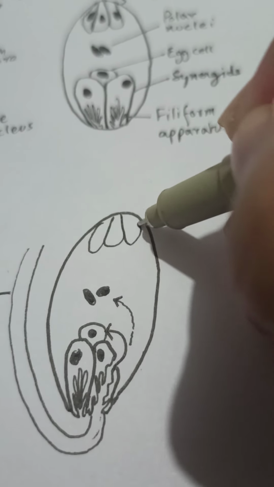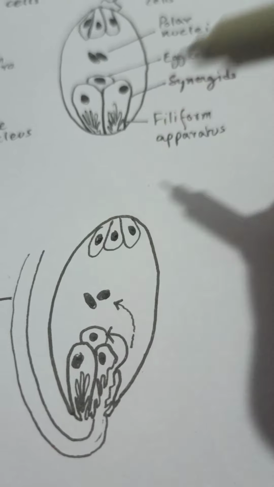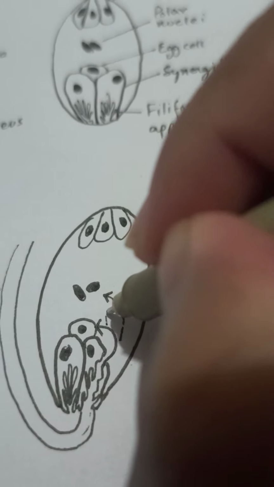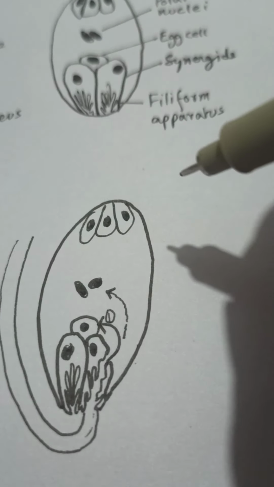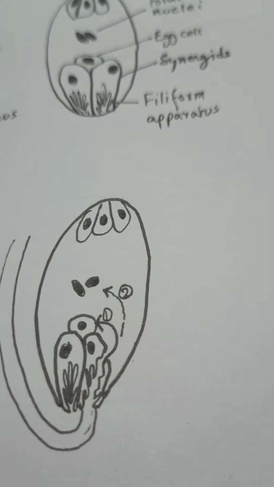The antipodal has no function there. It will simply remain as it is in the corner. So one is fertilizing the egg cell, the second is fertilizing the polar nuclei.